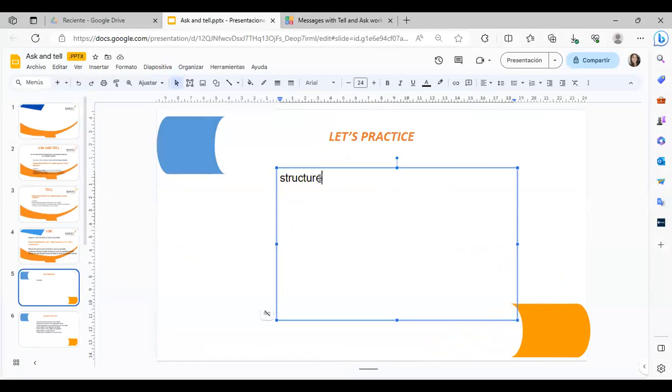Then remind me the structure that we're going to use with tell. Let's see, anyone. Do you remember? What is the structure that we're going to use with tell? Let's start with tell. First was please, tell, and the object pronoun: tell her, tell him, or tell them.